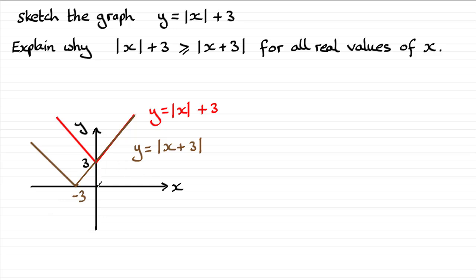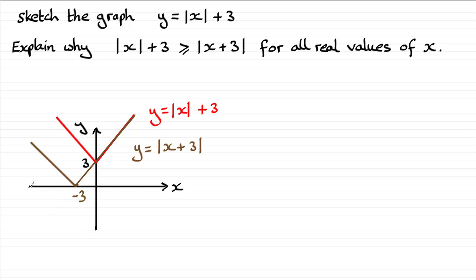But when we take values of x less than 0, can you see that for any value of x, let's say we took this one here, we would get this value if we were to substitute in the mod of all of x plus 3, but we would get a greater value if we were to substitute it into just y equals the mod of x plus 3, because this graph is above this graph here when we take negative values of x.